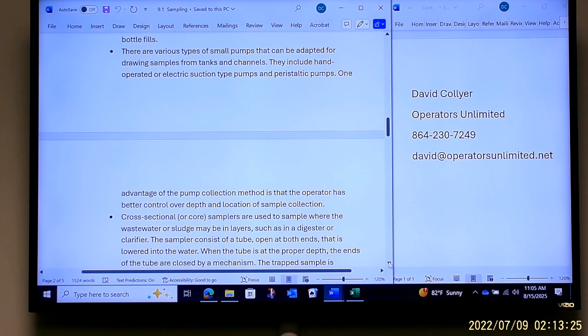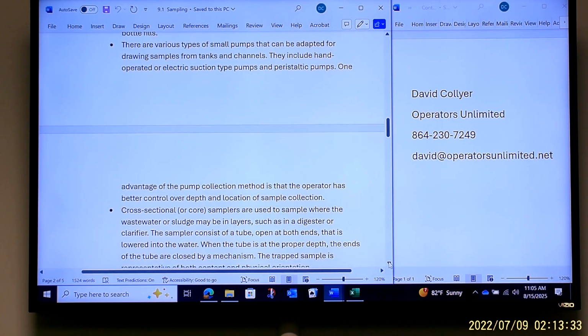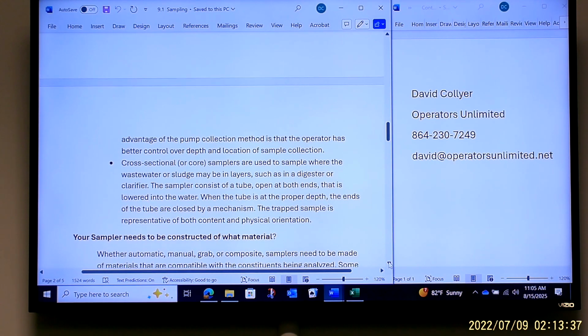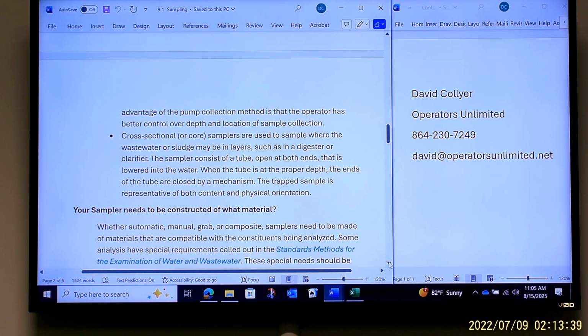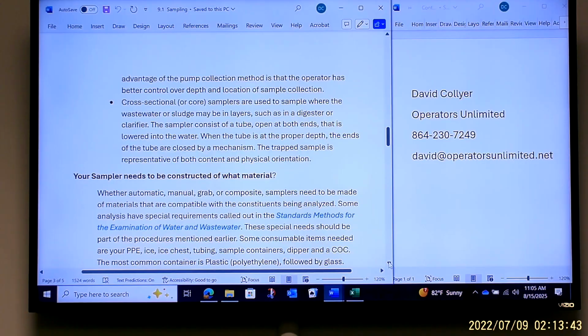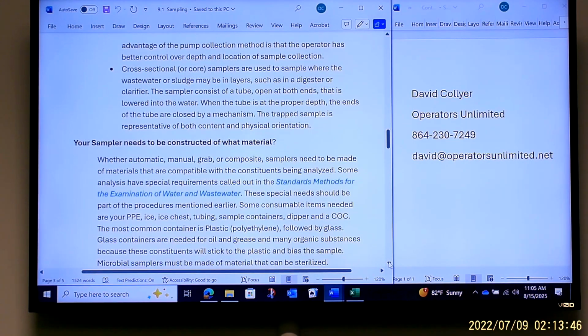They include hand-operated or electric, suction type pumps, and peristaltic pumps. One advantage of collecting using a pump is that the operator has better control over depth and the location of the sample collection.